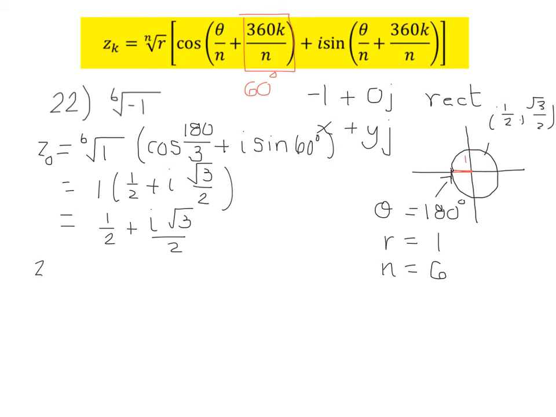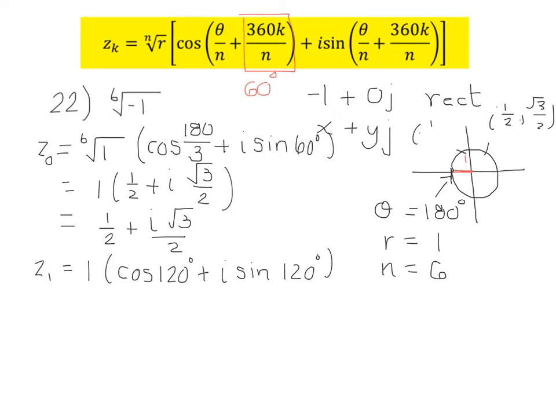So for z sub 1, I'm going to need to take the 6th root of 1 times the cosine of my previous angle measure, which was 60, plus 60, 120 degrees. I recognize 120 degrees as an angle on my unit circle.